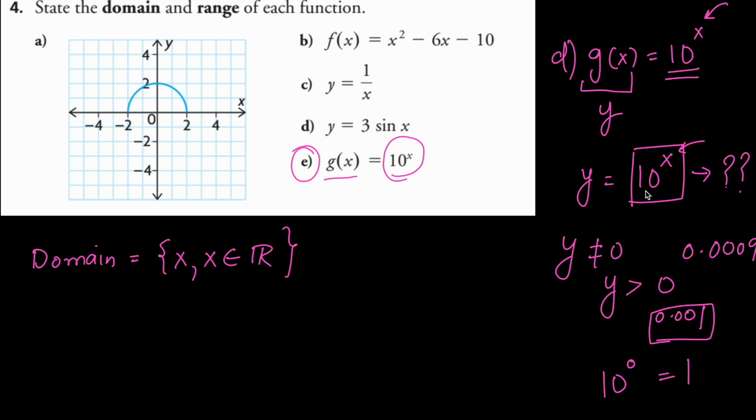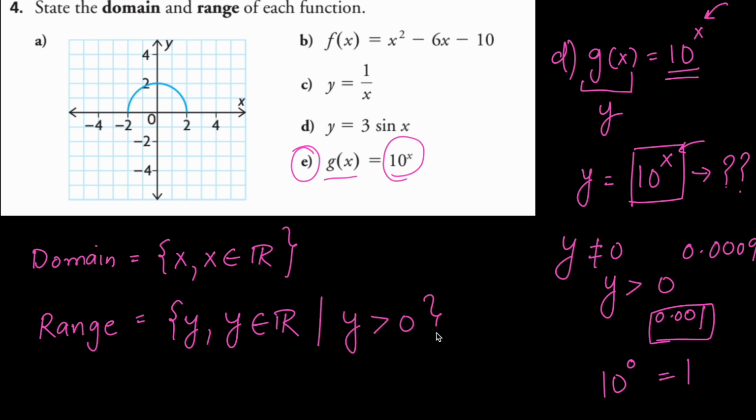That is just a property of exponential functions. But of course, I encourage you all to replace x with real numbers and try to verify this fact on your own. So here the range is y such that y belongs to all real numbers and the restriction is y is strictly greater than 0, not even equal to 0, strictly greater than 0.